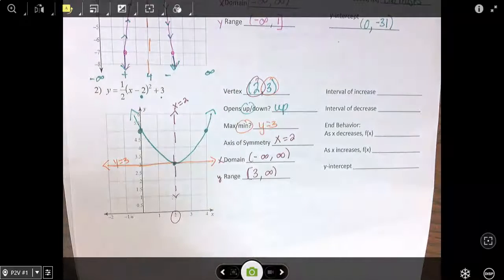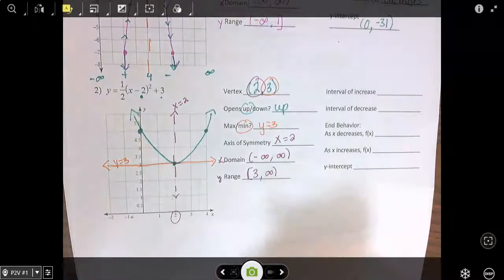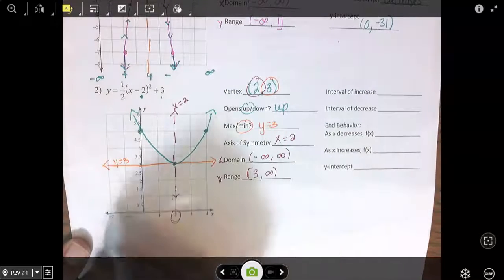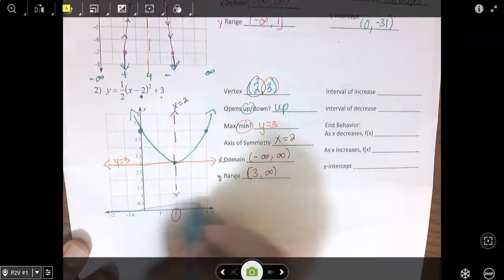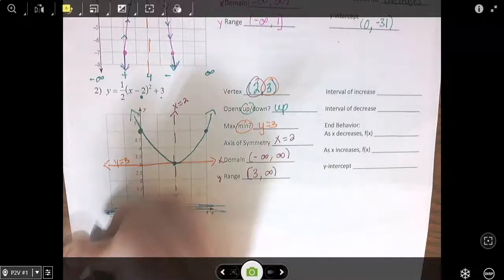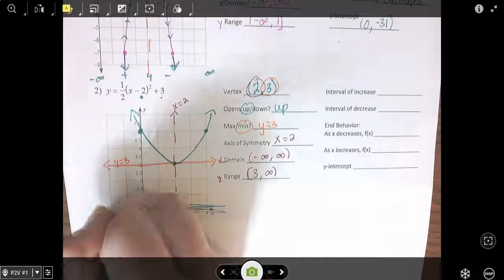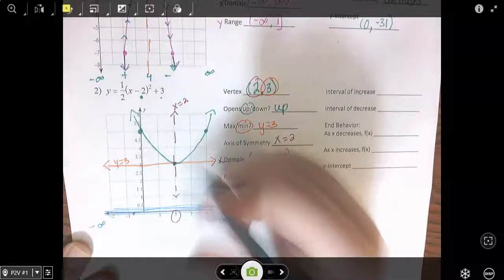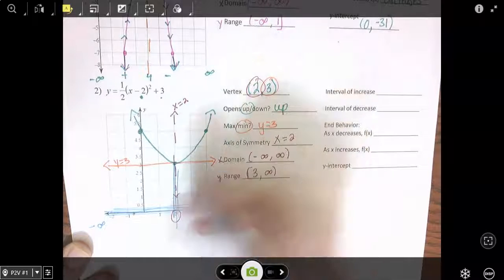Nope. Hold on. All right, so intervals of increase and decrease. I'm going to look at the bottom here. The bottom of this graph is the x-axis. Over here is negative infinity, over here is positive infinity, and in the middle of our graph is 2.